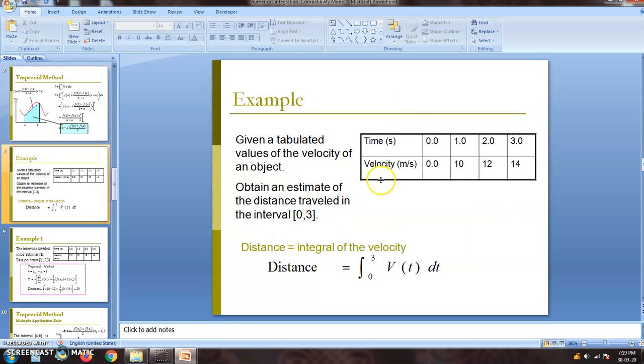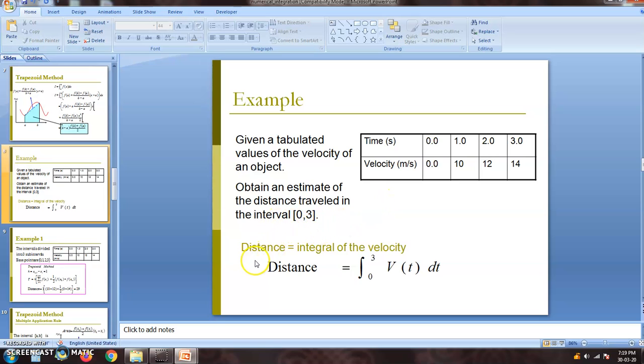Now let us see under what condition we need to use this integration formula in numerical methods. Suppose we want to estimate the velocity of an object when time and velocity are given, and we want to estimate the distance travelled in a particular interval.